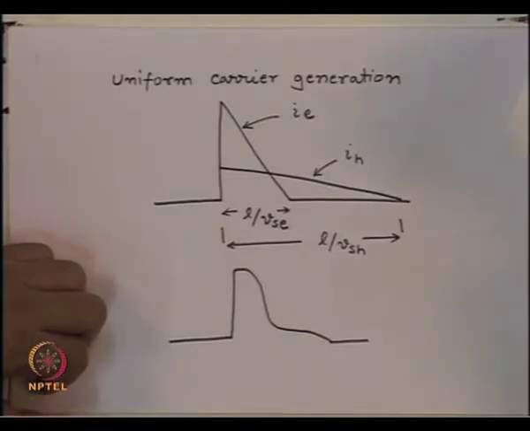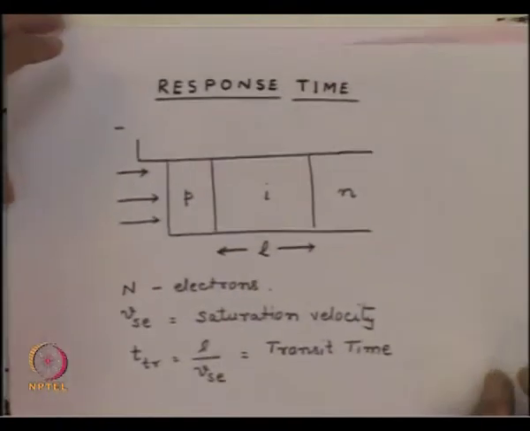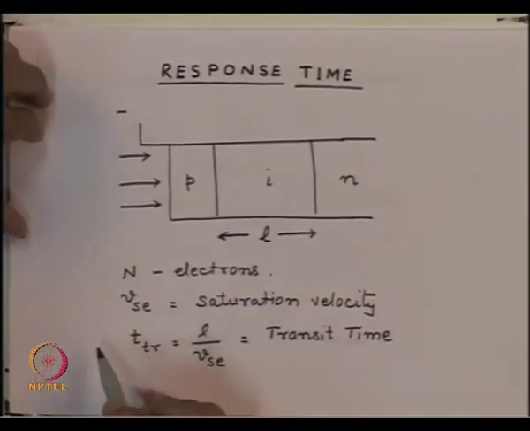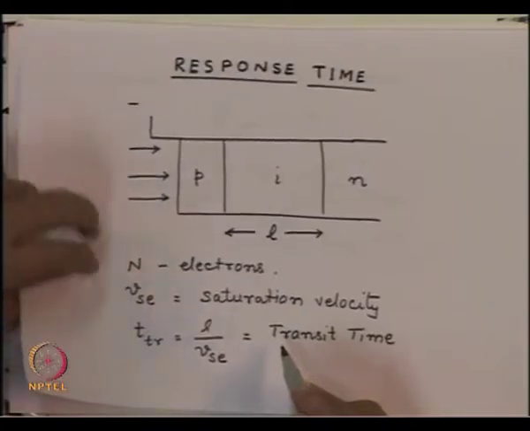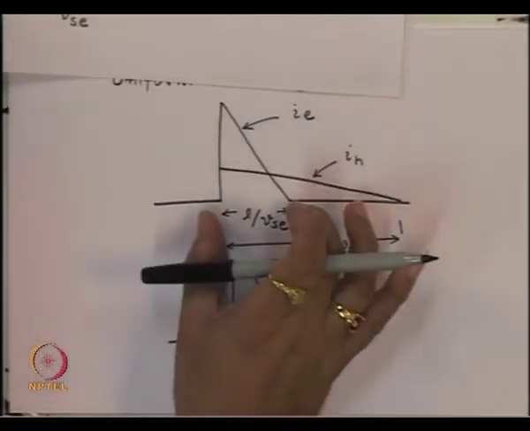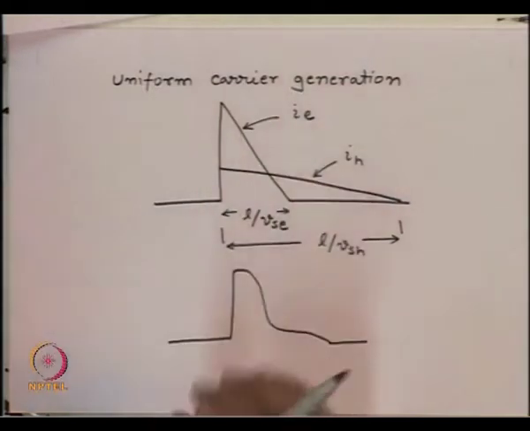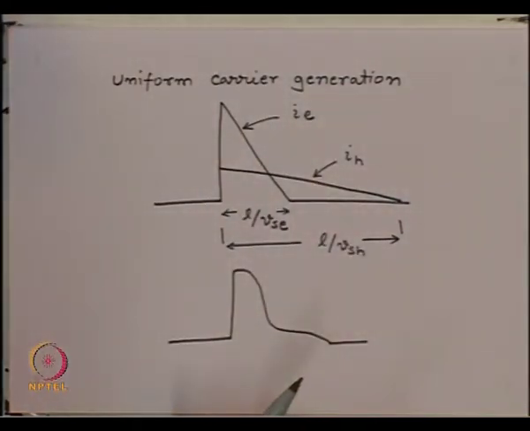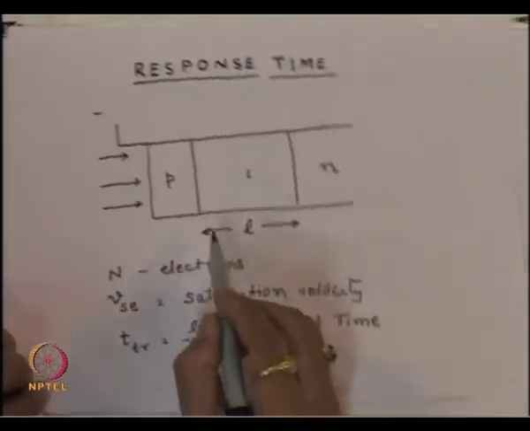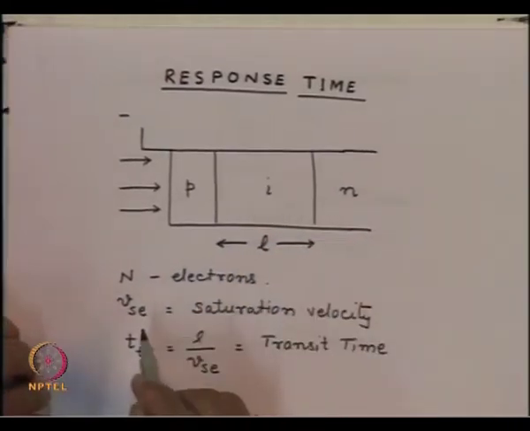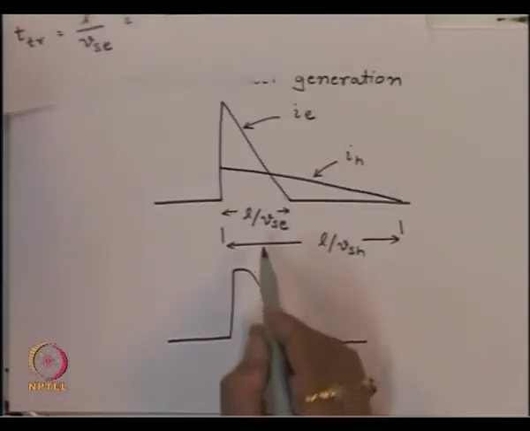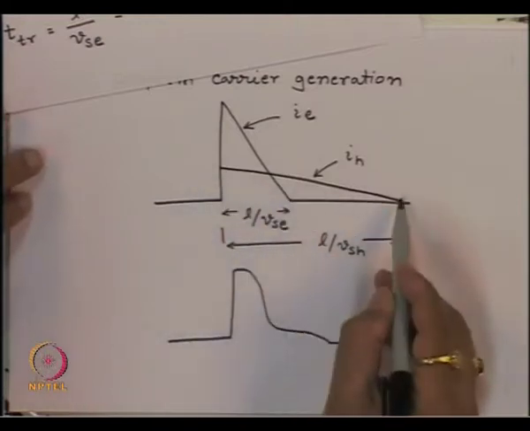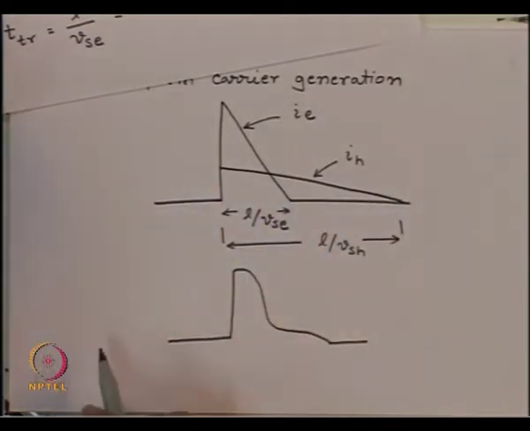Now, it becomes clear that in a practical situation, if you want to have the response time shorter, then this duration should be as short as possible for impulse light, or in other words, we want the electrons to cross this to give you the current in the external circuitry, and the contribution due to holes should be minimized, because that is the one which is going to flow for much longer times, its response time is much longer.